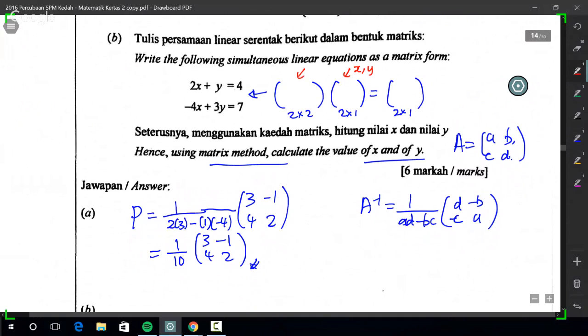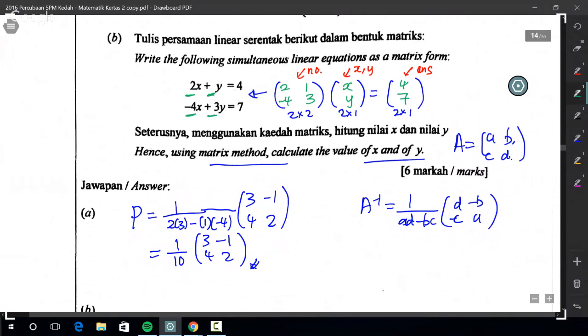And then this one we will do the coefficient of x and y, meaning the numbers in front of the x and y. And then this one normally we will leave the answer here. So now when I say coefficient of x and y, I mean this 2, 1, -4, 3. I will do 2, 1, -4, 3. And then this is x first, then only y, right? And then the answer will be 4 and 7.